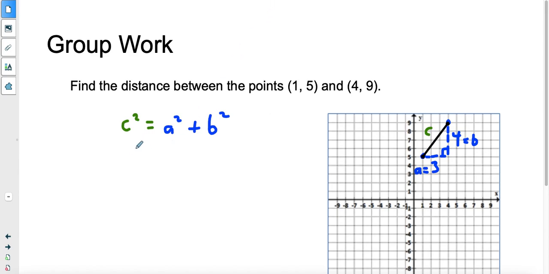So we're going to get c squared is equal to 3 squared plus 4 squared. 3 squared is 9. 4 squared is 16. So I have c squared is equal to 9 plus 16. 9 plus 16 is equal to 25.